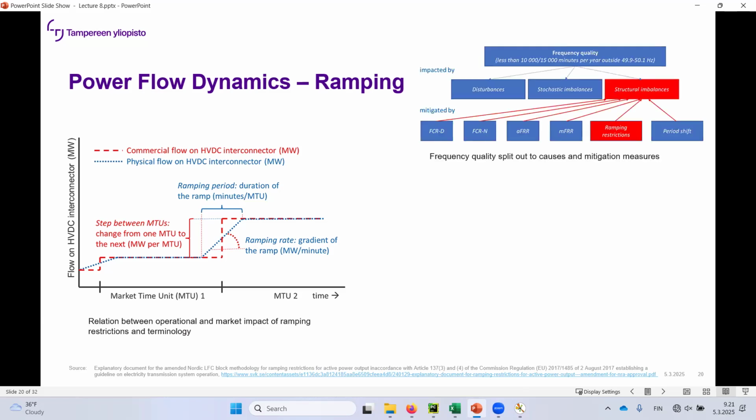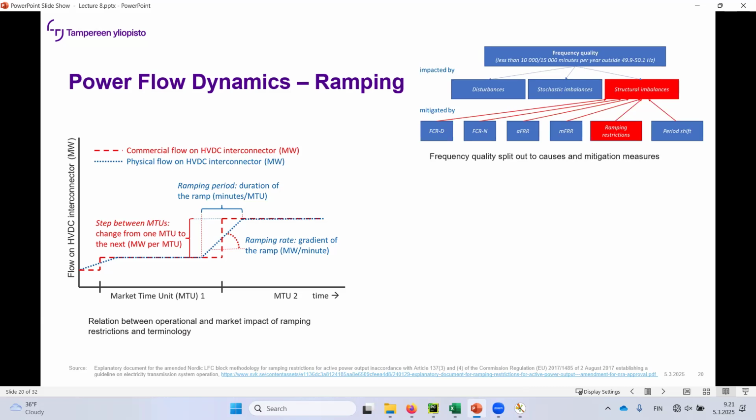And frequency quality split out to causes and mitigation measures. So ramping restriction is one way to mitigate these structural imbalances, so that they arise from the difference between the consumption and production.